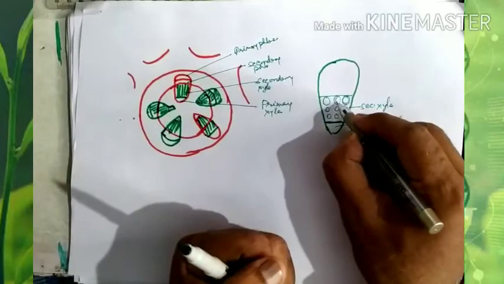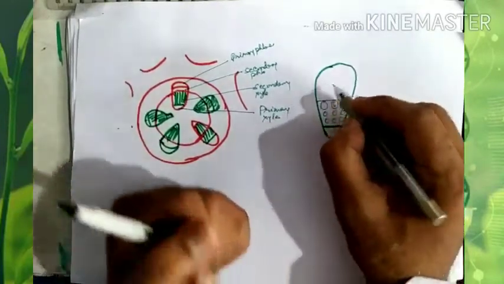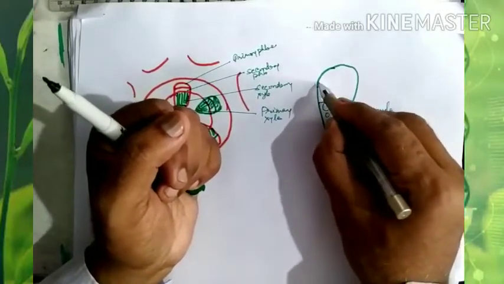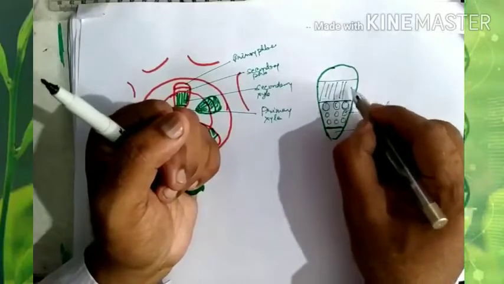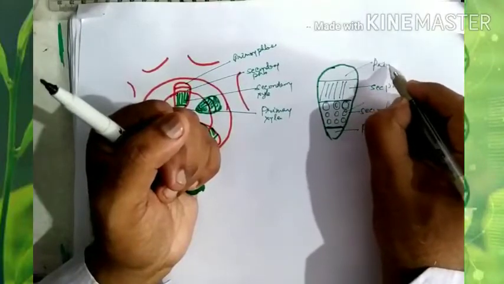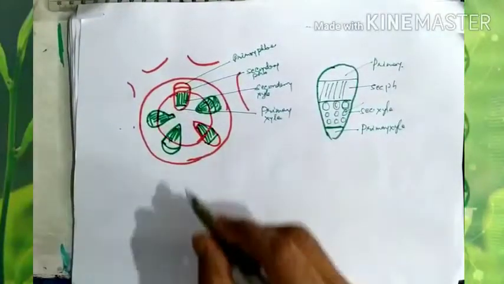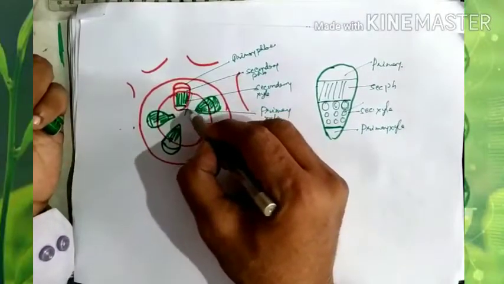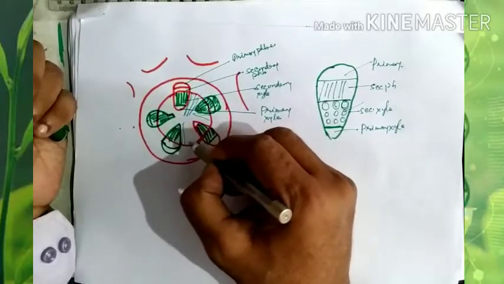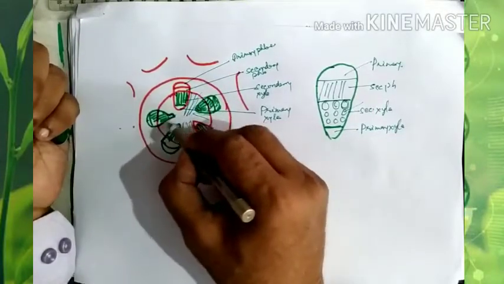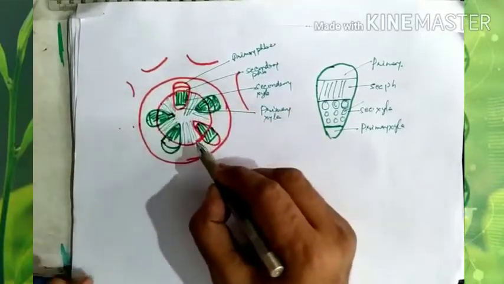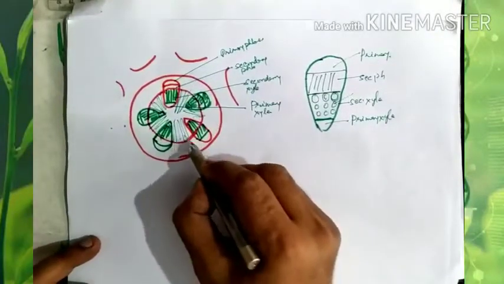This is the metaxylem, this is the protoxylem, hence it is endarch, and this is the secondary phloem, this is the primary phloem. And in between these there are rays, parenchymatous cells formed that later transform into rays, and it is called the wood rays.